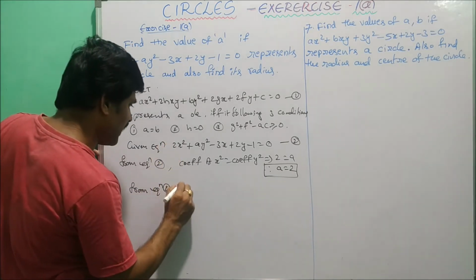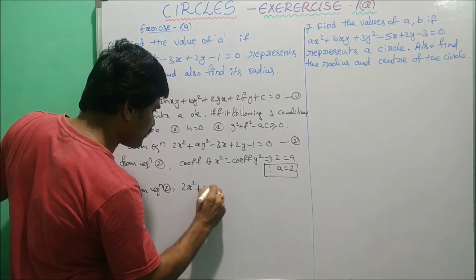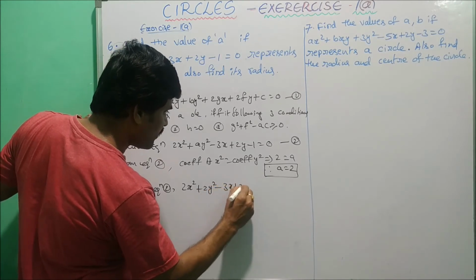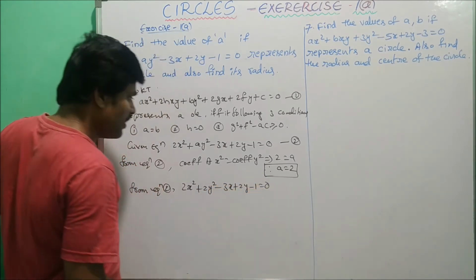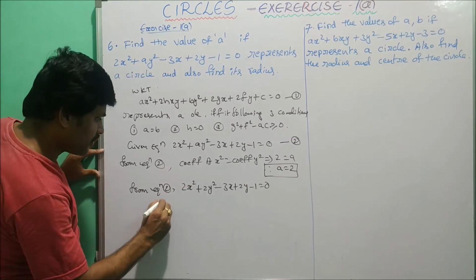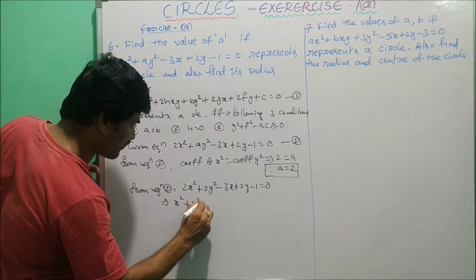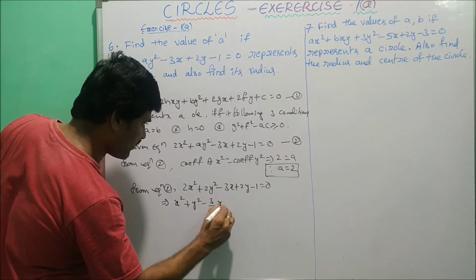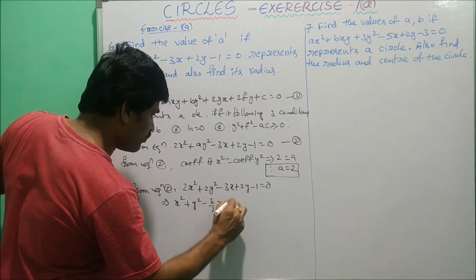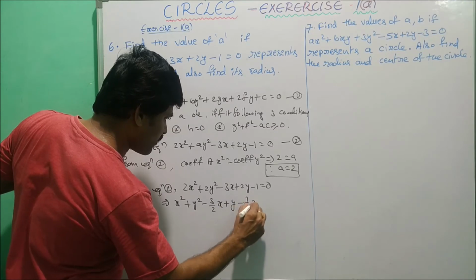First of all, from equation 2, our equation of the circle is 2x² + 2y² − 3x + 2y − 1 = 0. Here we divide by 2. Now the equation can be converted to x² + y² − (3/2)x + (2/2)y − 1/2 = 0.